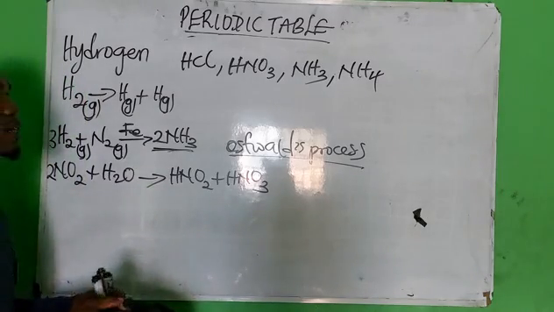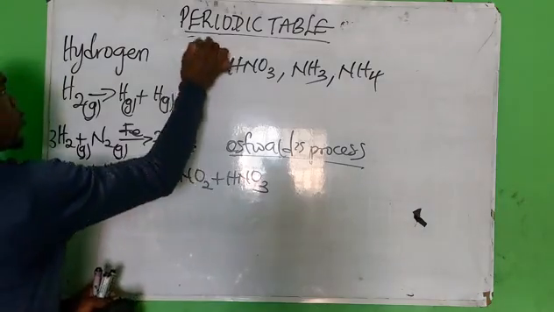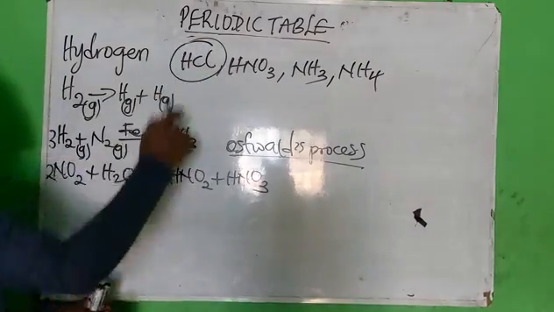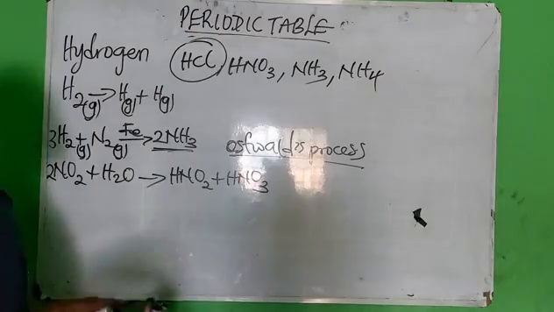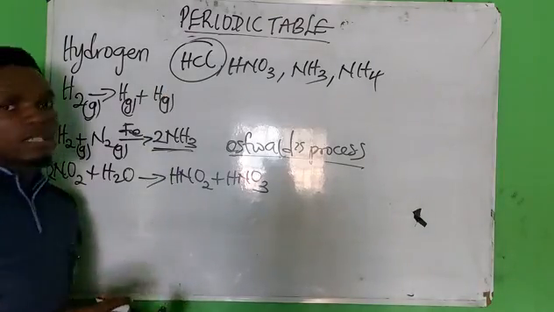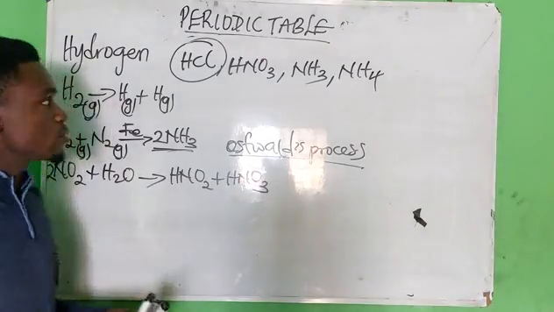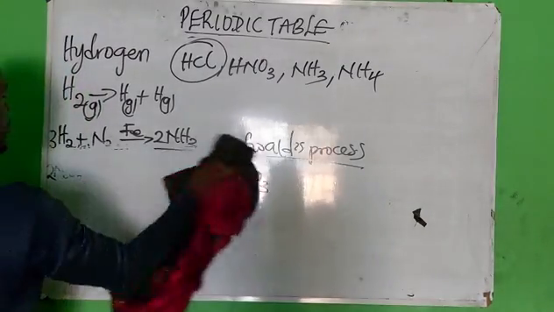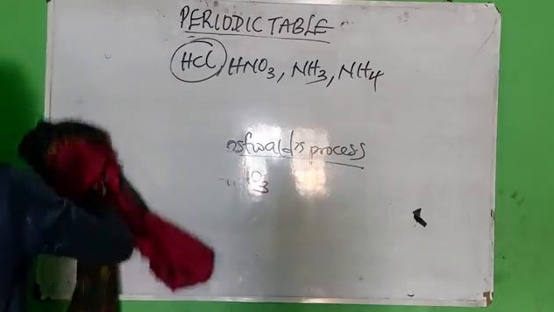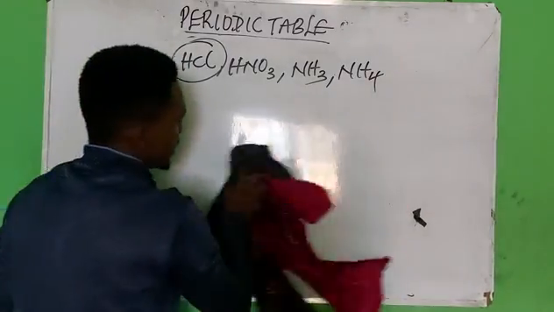But our major concern right now, you know that hydrogen can act as both a metal and a non-metal. If I may ask you, what kind of bond exists in hydrogen chloride? Is it ionic bond or covalent bond? It is covalent bond. Most of us have always been taking it for ionic bond. It is covalent.